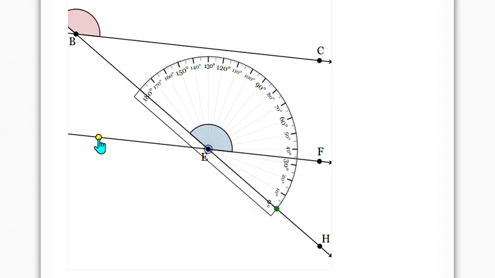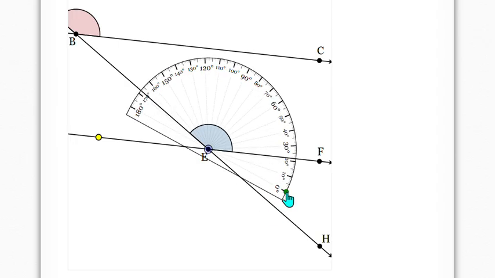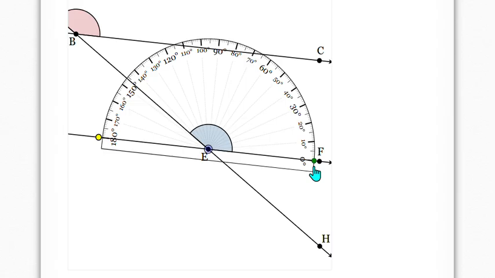Now that should be right at 34. And here's how we can figure out whether it truly is or not. We can go like this, and now my baseline of my angle is here. And we want to see, is it at 146? And it is. So this should work.